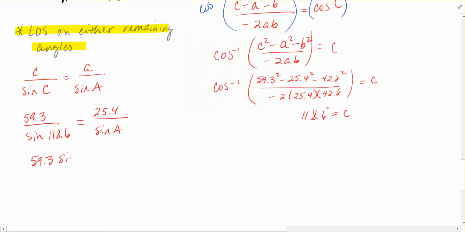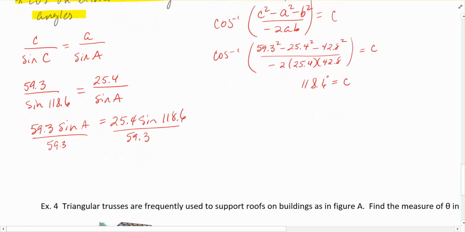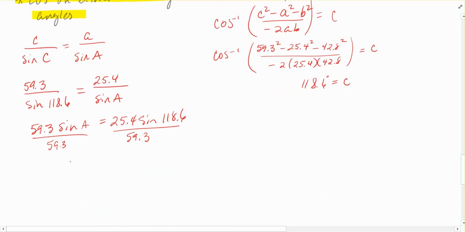Doing a little algebra, cross multiplying, I get 59.3 times the sine of A equals 25.4 times the sine of 118.6. Divide both sides by 59.3, giving me the sine of A equals 25.4 times the sine of 118.6 divided by 59.3.